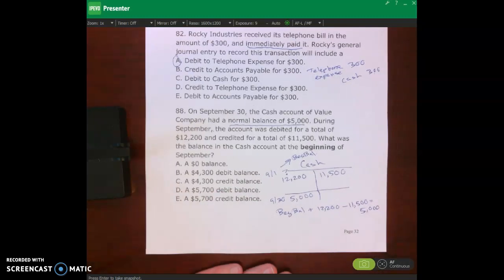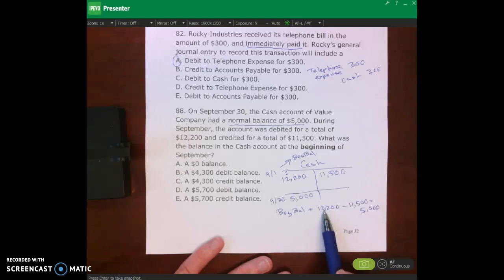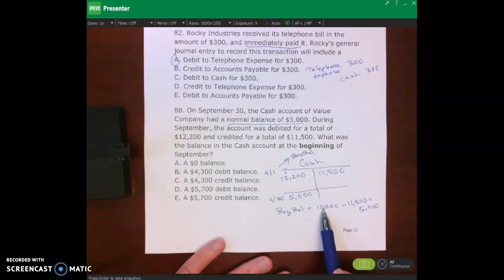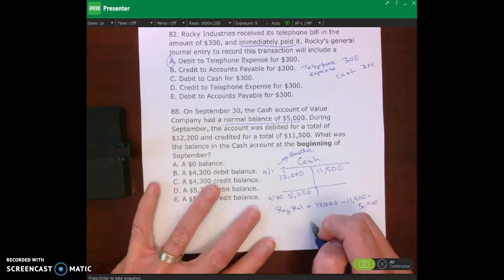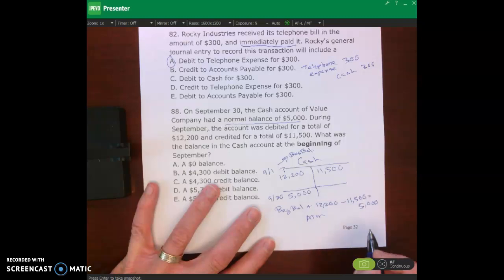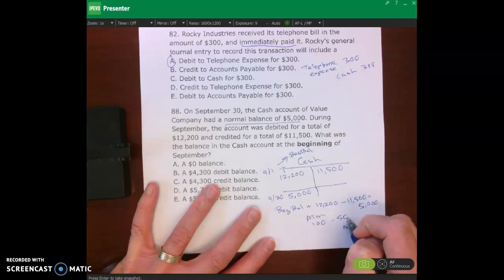How could you think about this in terms of you? Let's say you spent $100 because you took out $100 from the ATM, so you have an ATM receipt for $100, and then you know that you spent another $50.